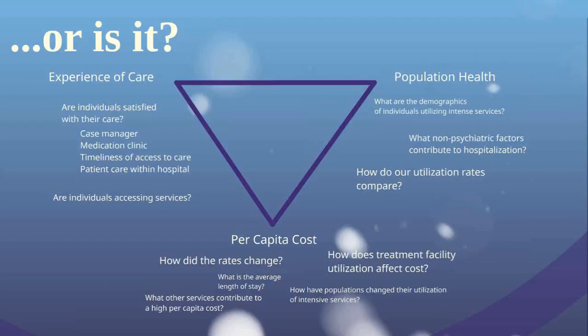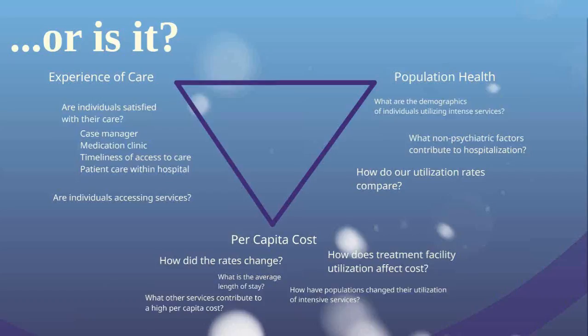Are they going to a high service like a psychiatric medical unit that they don't necessarily need, or that could be treated outside of the hospital? And how does treatment facility utilization affect cost, and how have populations changed their utilization of intensive services? So are you seeing people with an SUD diagnosis, are they accessing services at an increased rate? And is that because SUD beds have shut down and so people are naturally going to a psychiatric hospital?